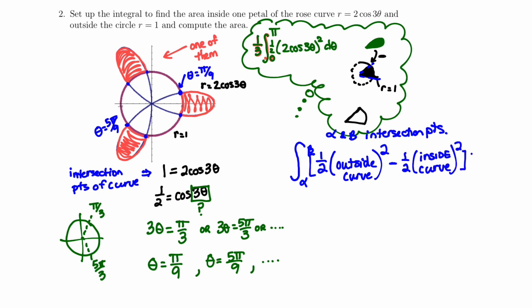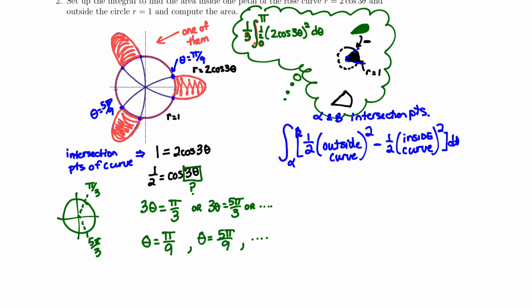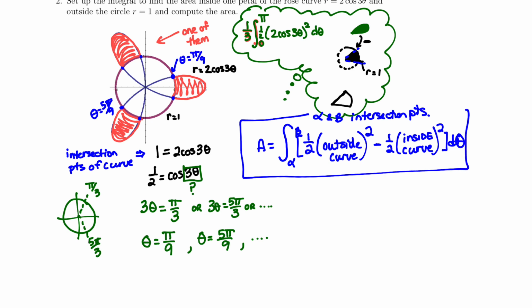And when we put that all together with respect to theta and integrate all of that, that's going to be the formula that gets us the area between the two curves. We're going to have to figure out where they intersect, integrate from those points, and then take 1/2 times the outside curve squared minus 1/2 times the inside curve squared.